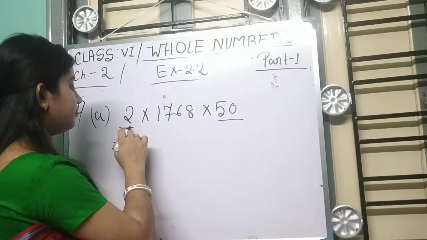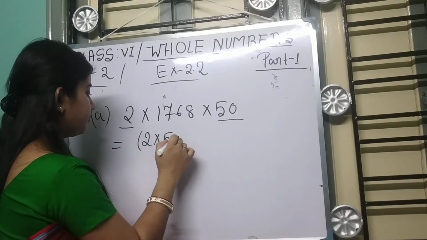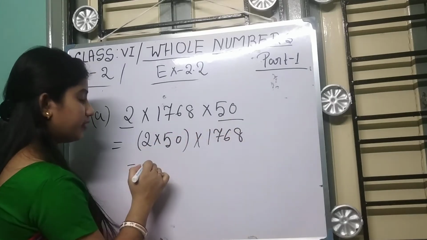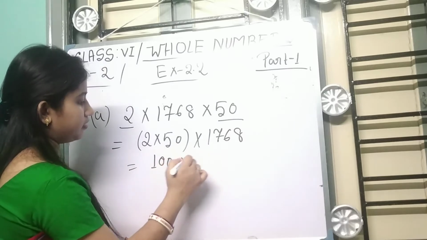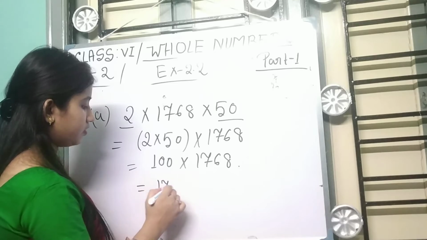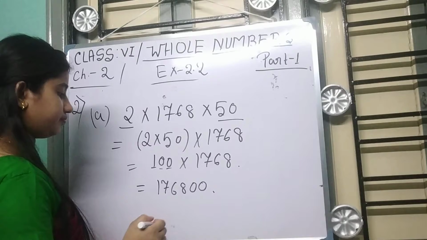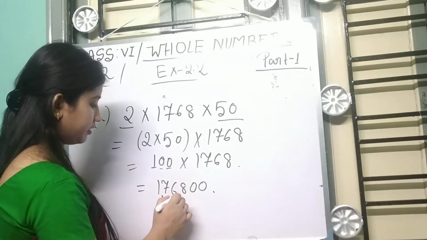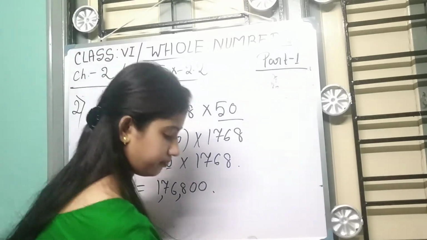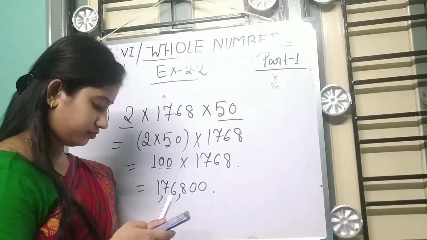So we first multiply 2 and 50. We write this in the bracket, 2 into 50, and next 1768. This is 100, this is 1768. So we get 1768 and 2 zeros. This is 1,76,800. This is the process of finding the product. Actually this is an easy process.